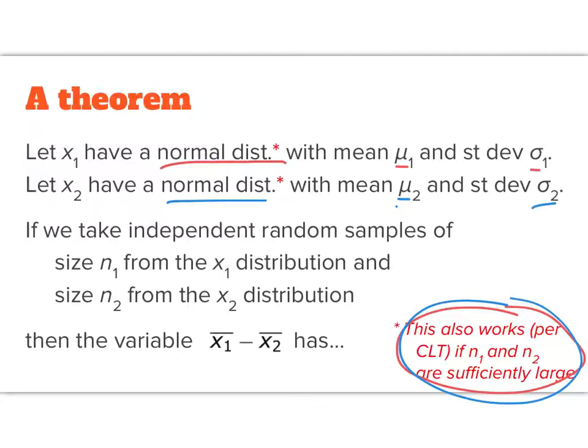Take a sample of size n1 from the first distribution, and a sample of size n2 from the second distribution, and we will define this variable. And yes, we're going to call this one variable, even though you see a minus sign in there. The variable that we are interested in here is x1 bar minus x2 bar. And we have some things that we need to say about what that's going to look like.